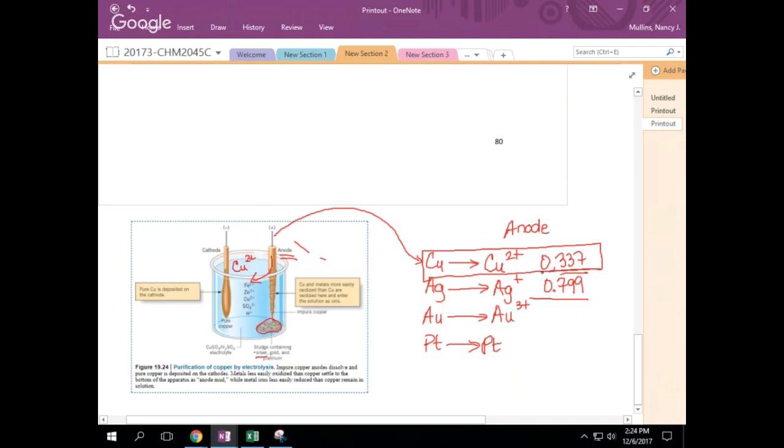By adjusting it so that there's not quite enough energy for this one to go, they give it just enough energy for this one to be oxidized, and then it selectively will leave and go into the ion state. Then they collect that copper on the other electrode, because it's the only metal ion in solution, so it's going to be the only thing that deposits at the cathode. So it's actually a very clever concept, and that's how they refine metals.